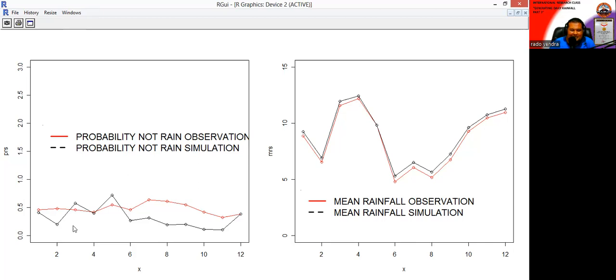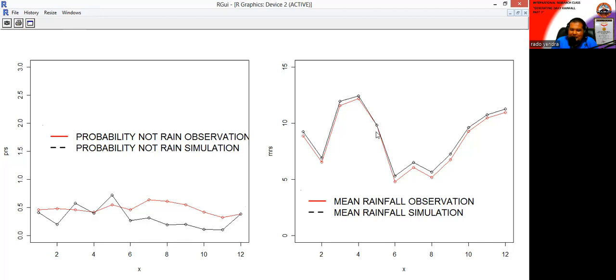We are only successful in January, March, April, and December. And for the other months, we are not successful. So from this, for example, we will discuss the April rainfall data. You can check here.